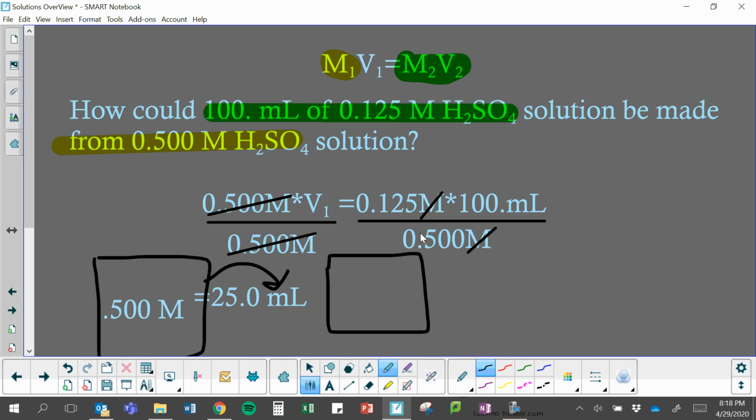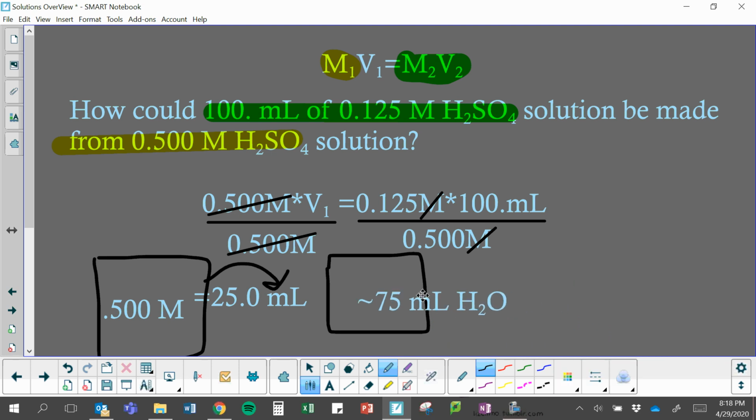And we want to make 100 mils of it, so we need to add approximately 75 mils of water so that the whole thing is at 100 mils.